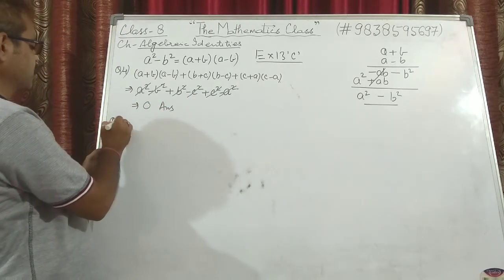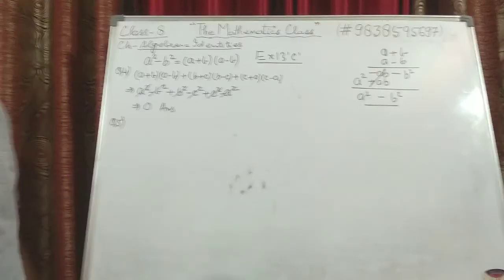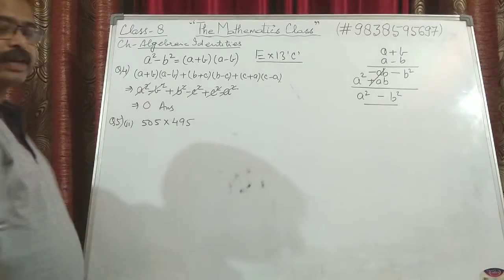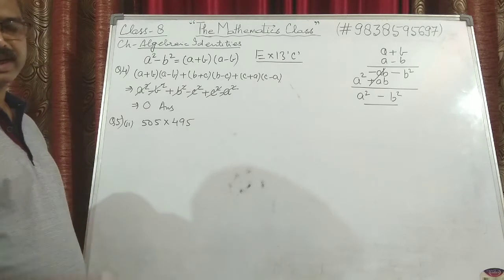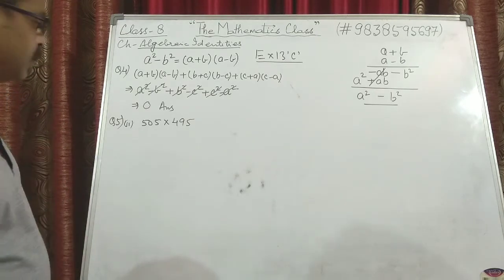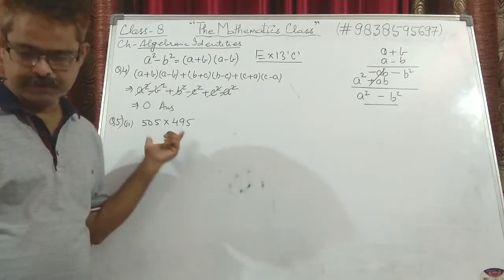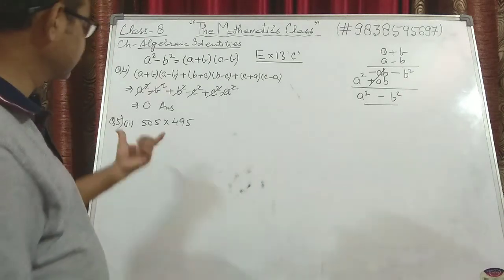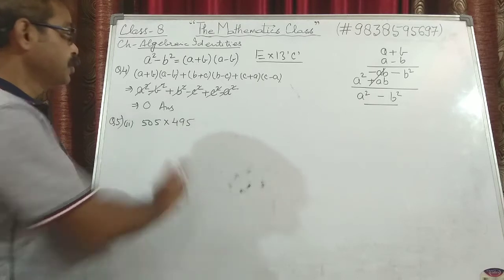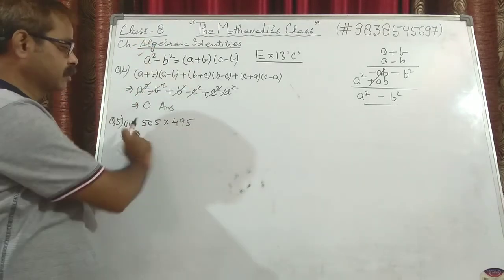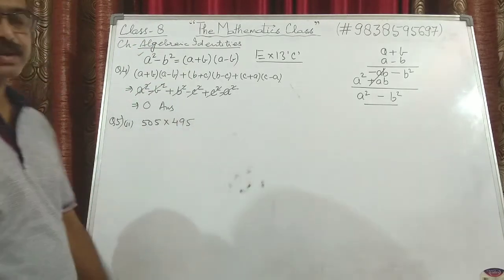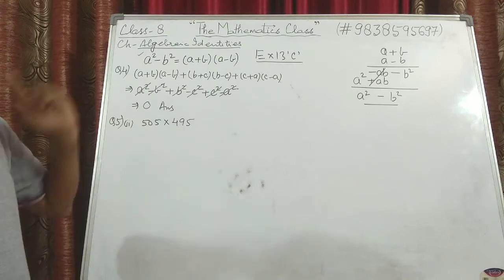Now we move on to question number 5. It has 4 parts. I am starting with the second part, and maybe we'll do the fourth part or the third part. In this you have to find the product of these two numbers using this identity. Don't think of it simply as multiplying 505 into 495.